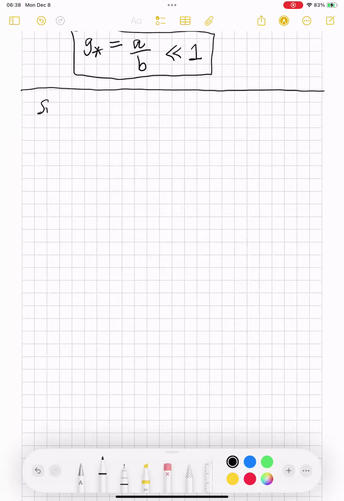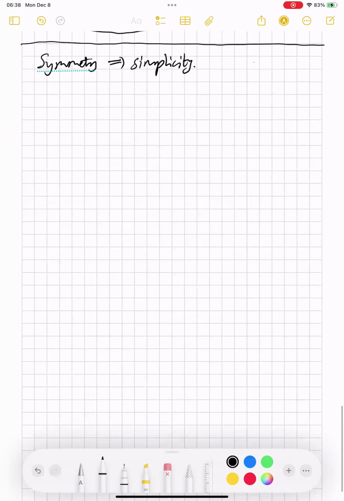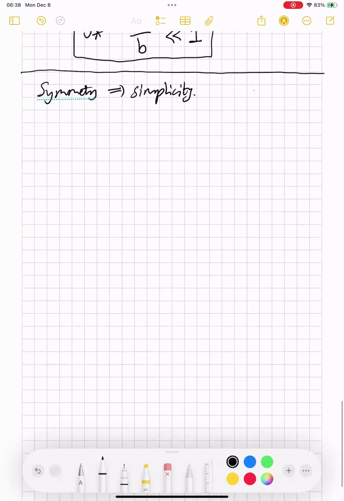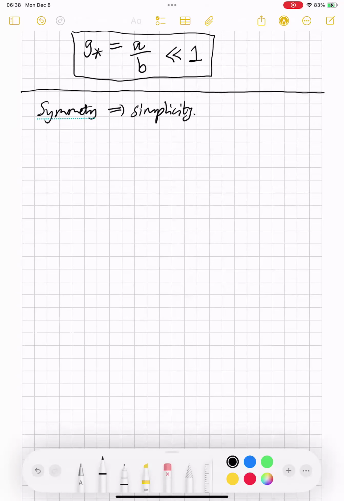So symmetry, let's just say, implies simplicity. Because you know that theories with more symmetry are simpler, the thing you could ask yourself is, what is the maximum amount, the most symmetry, a theory can have?